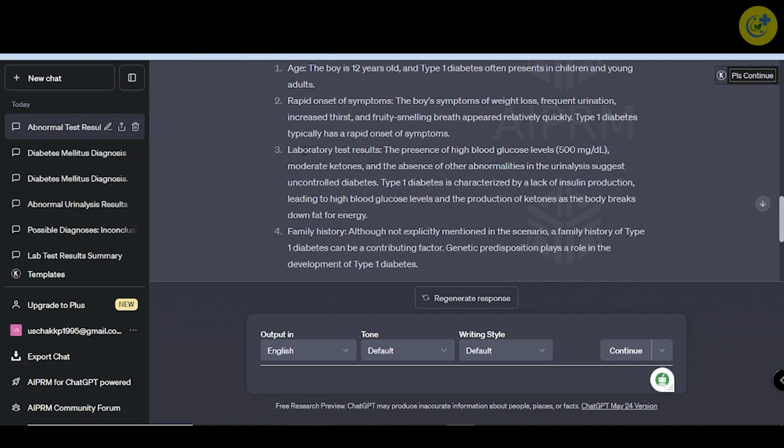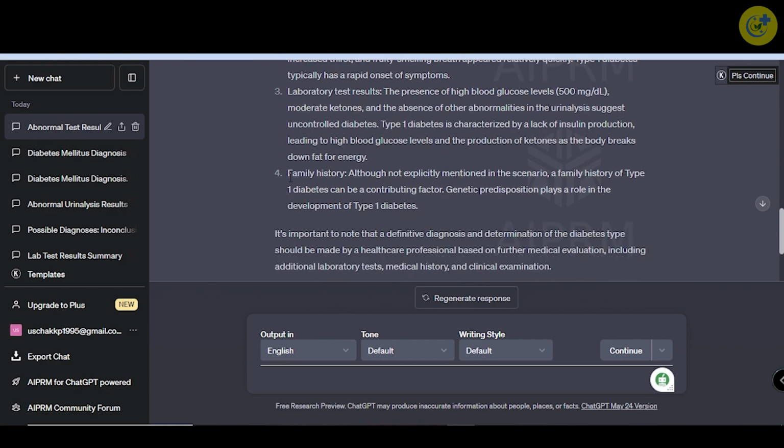Number 3, laboratory test results. The presence of high blood glucose levels, 500 mg per deciliter, moderate ketones, and the absence of other abnormalities in the urinalysis suggest uncontrolled diabetes. Type 1 diabetes is characterized by a lack of insulin production, leading to high blood glucose level and the production of ketones as the body breaks down fat for energy.